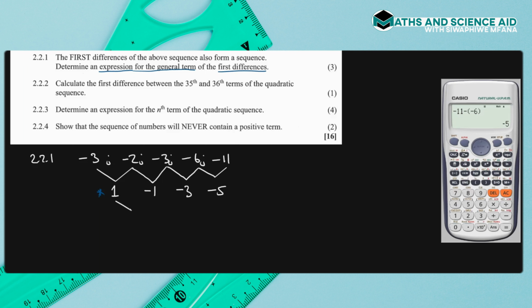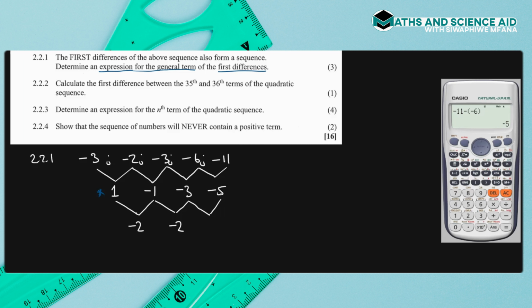That is because if we work out the second difference here, we will find that it's constant, because this is a quadratic sequence. So -1 minus 1 is going to give us -2. -3 minus -1 is going to give us -2 as well.